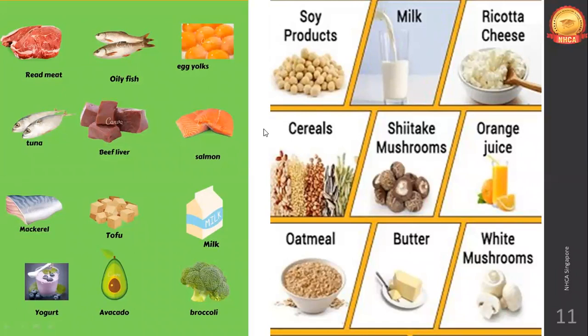So options for vegans, vegetarians, as well as non-vegetarians are here. But remember this, if you're buying some product from the supermarket, just check if it is fortified with vitamin D or not. It will be much more beneficial to you.